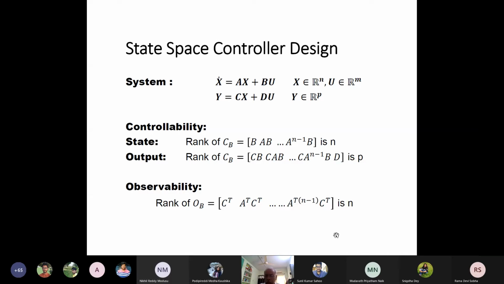Okay. So once we have these controllability and observability conditions, we now go for the design of the state space controller. The design of a state space controller is not so difficult. The first step is we go for a regulatory control problem for a single input variable.